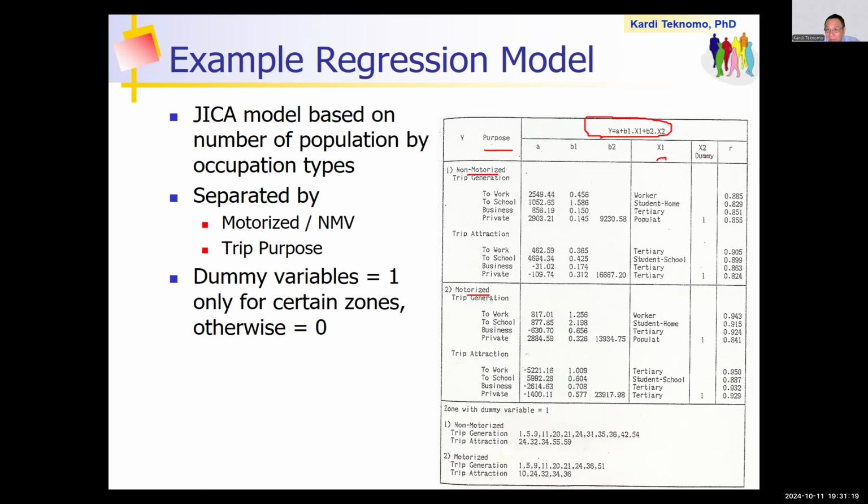And the second variable x2 is actually a dummy, depending on the zone.